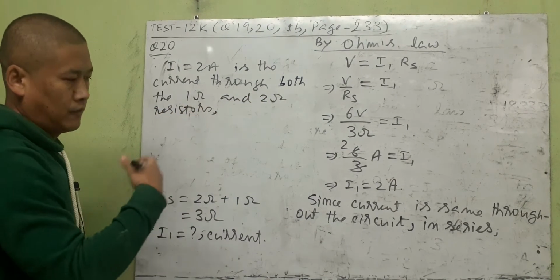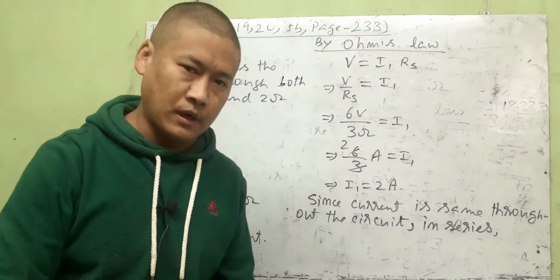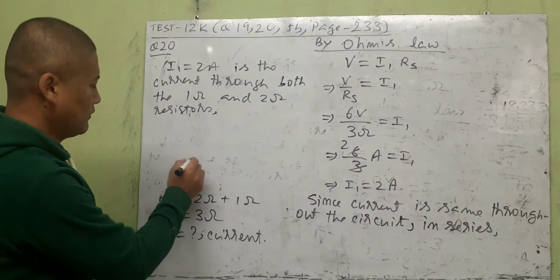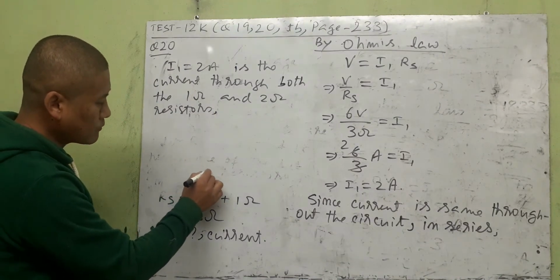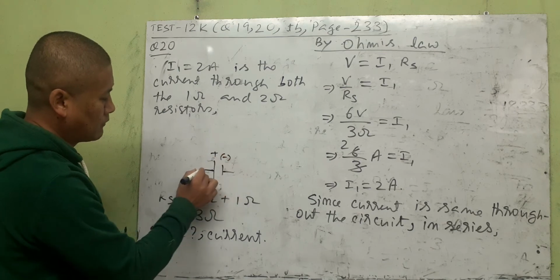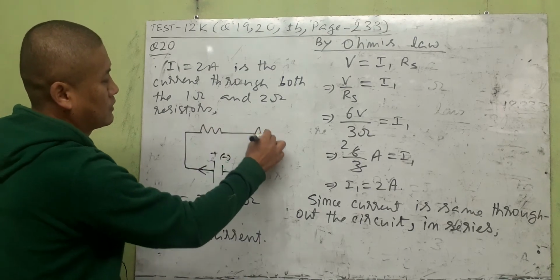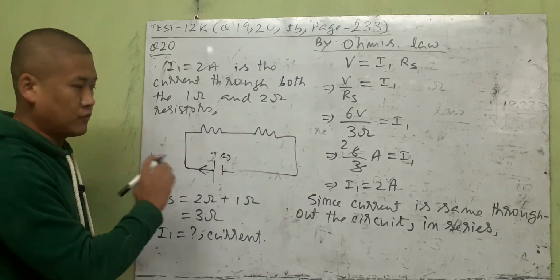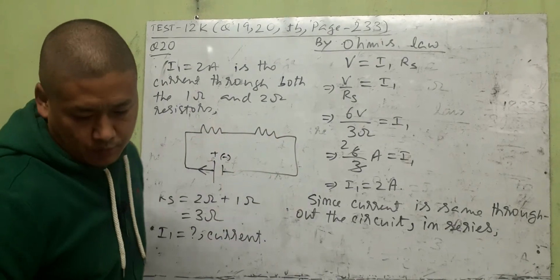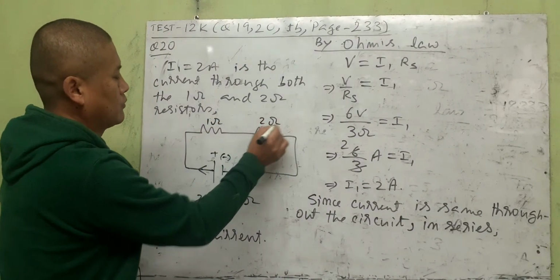Since current flow is same everywhere in series, in parallel it's not. We have learned that before, right? See here, battery is here, and you know current flows from positive towards negative as it passes through first one and second one. First one is given as 1 ohm, and the second one is 2 ohms.